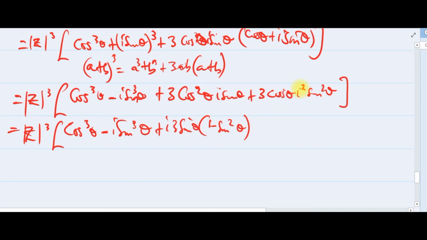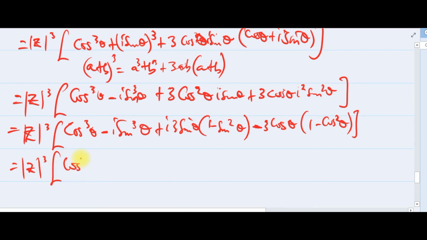Remember, i squared is minus 1. So we write this as minus 3 cos theta, 1 minus cos squared theta, using our trig identity. This is z absolute 3. So we'll open up the bracket. This is i sine 3 theta plus i 3 sine theta.